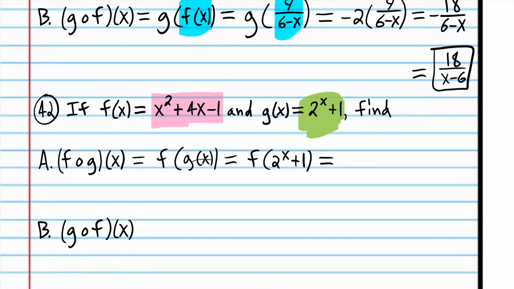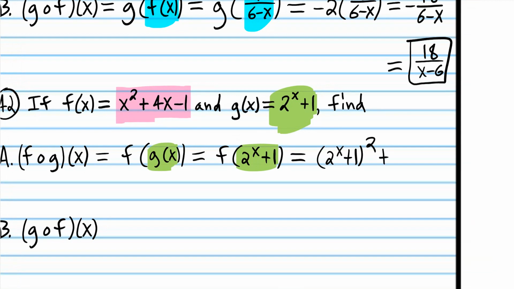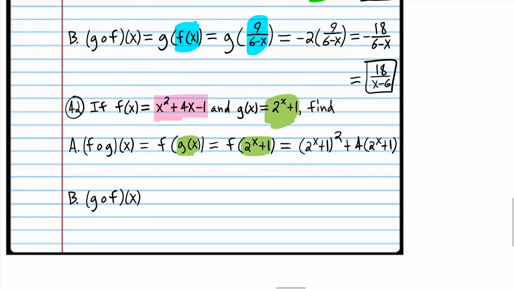So I plugged in the green expression, and so now we're going to write the pink expression, except wherever we see an x, we're going to write 2 to the x plus 1. So instead of x squared, we have 2 to the x plus 1 squared. And instead of 4x, we have 4 times 2 to the x plus 1. And so on and so forth.